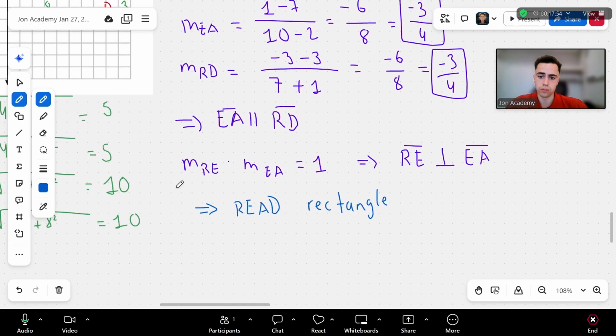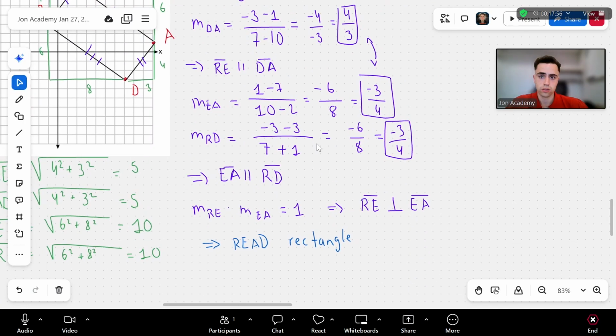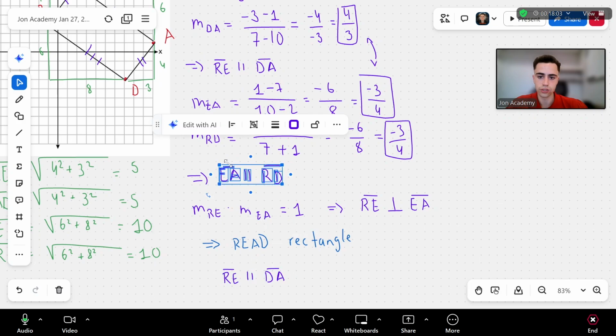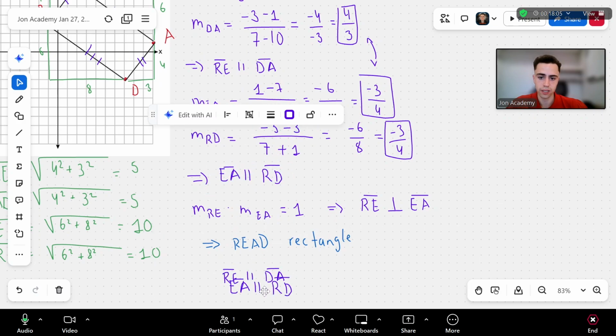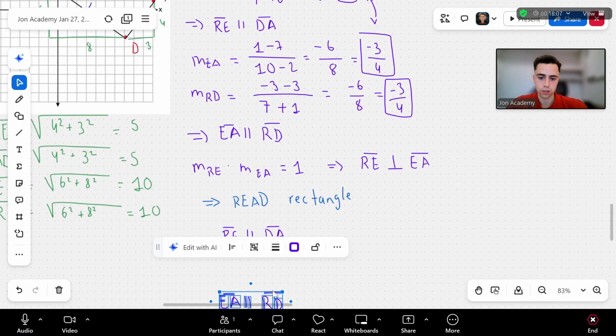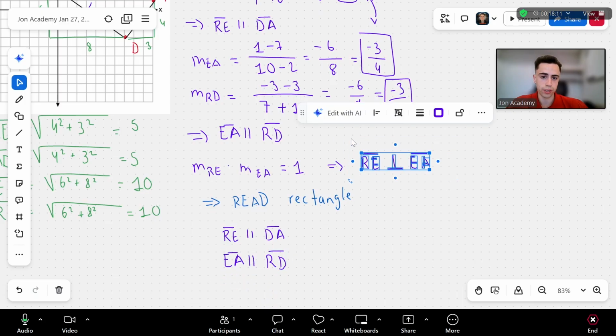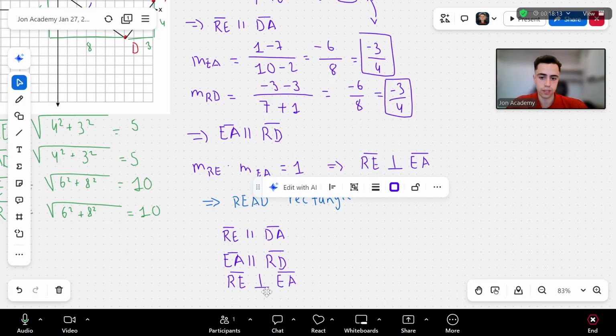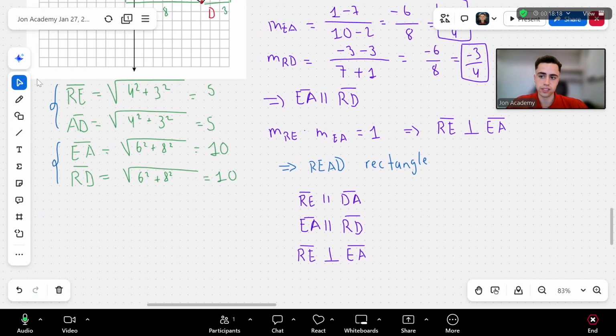Well, at the end, the reasoning is what we wrote over here, no? These two are parallel, these two are also parallel. They are perpendicular, and the distance is matched, no?